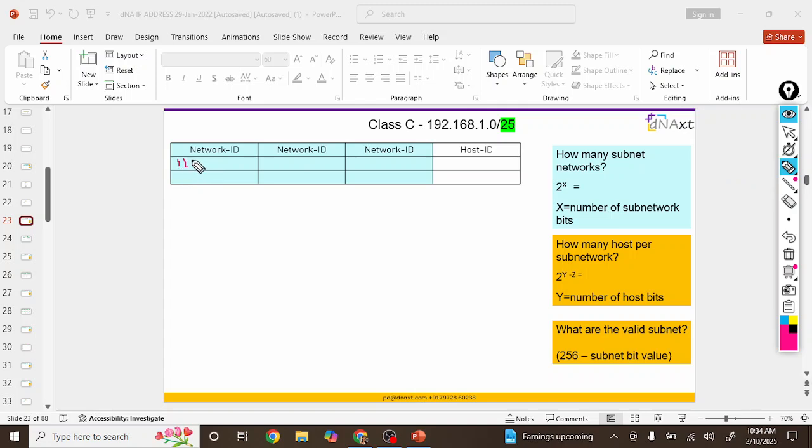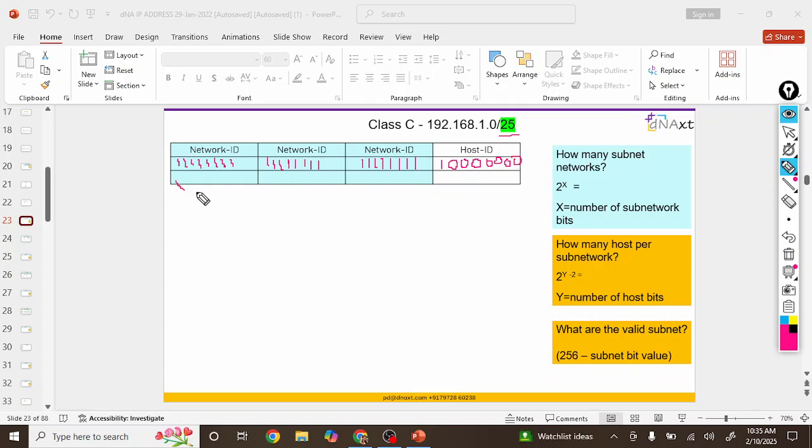So counting 1 to 24, these 24 bits belong to the major network, and one more bit is there, the 25th bit. The remaining 7 bits are 0, and those are host bits.